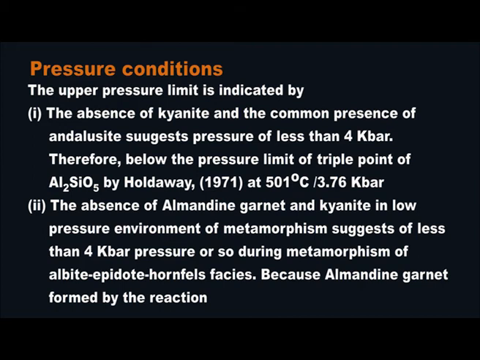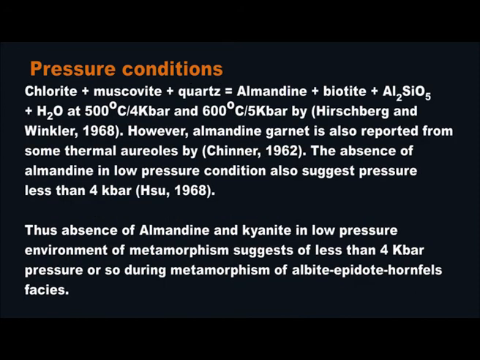of albite epidote hornfels facies, because almandine garnet is formed by the reaction chlorite plus muscovite plus quartz giving rise to almandine plus biotite plus aluminosilicate plus water at 500 degrees centigrade 4 kilobar and 600 degrees centigrade 5 kilobar by Hoschek and Winkler 1968. However, almandine garnet is also reported from some thermal aureoles by Sinner.